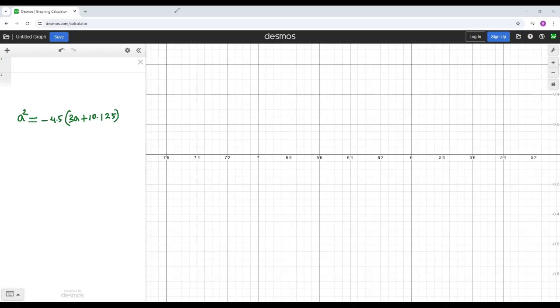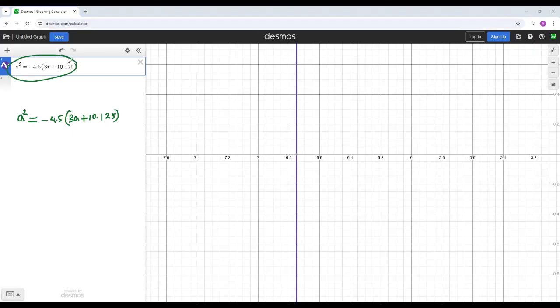Okay, now what I'm going to do is consider x in place of a. Then the given equation will become x square equals negative 4.5 times 3x plus 10.125. Okay, here I got the graph of the equation over here, and the equation over here is a quadratic equation. When we solve a quadratic equation, we usually get two solutions.